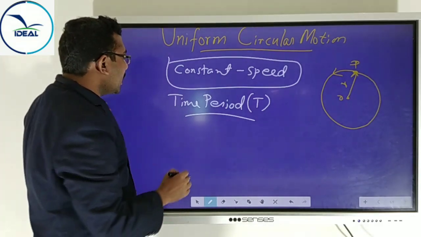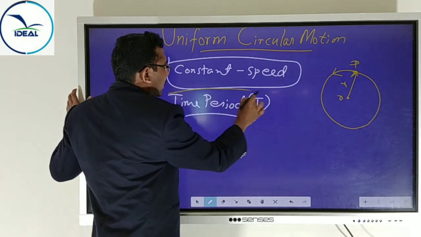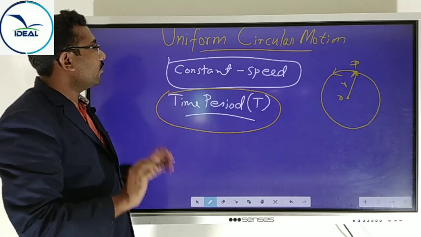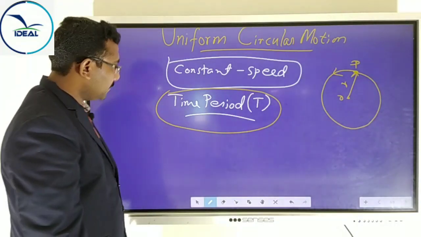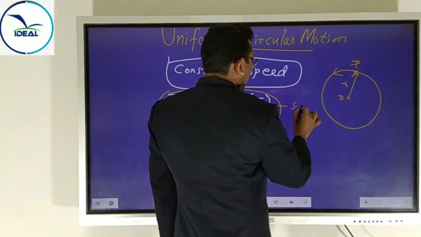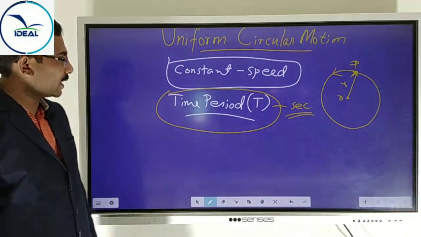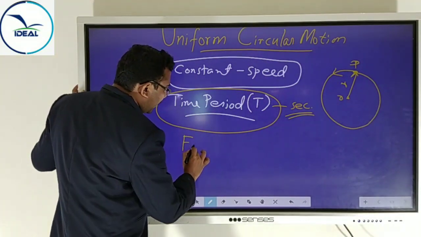The time taken to complete one revolution is called the time period. Time taken to complete one revolution is called the period of uniform circular motion. It is represented as T. Unit of time, so it is second.